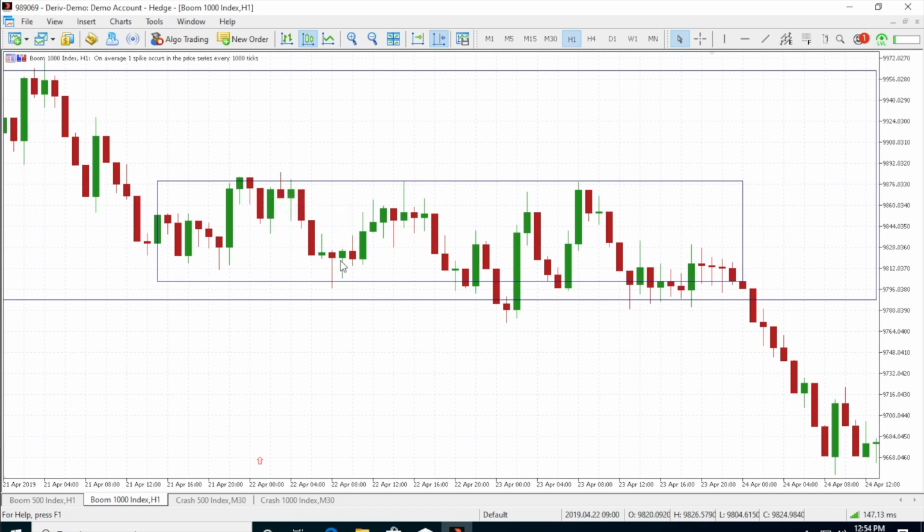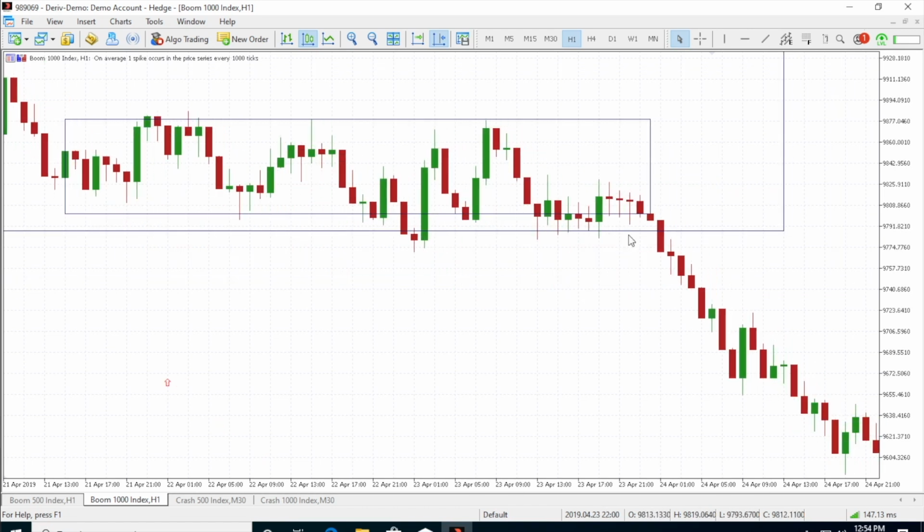Market is up here, down, up, down, up. So we don't know if the market is going to break upside or downside. We know exactly when the market breaks the smaller rectangle at this point, and also the larger box.